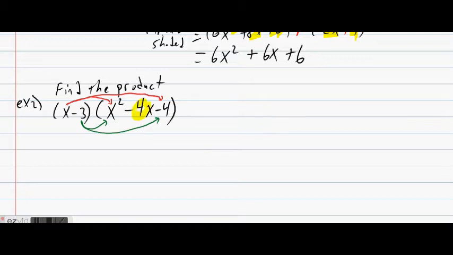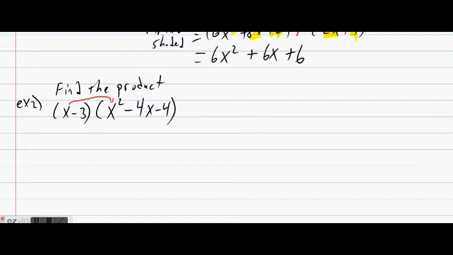But if you notice, FOIL neglects that middle term. Okay? So we can't use FOIL here. So you can either use the box method, or you can use double distributive property. So you're just distributing x times all three of those terms.